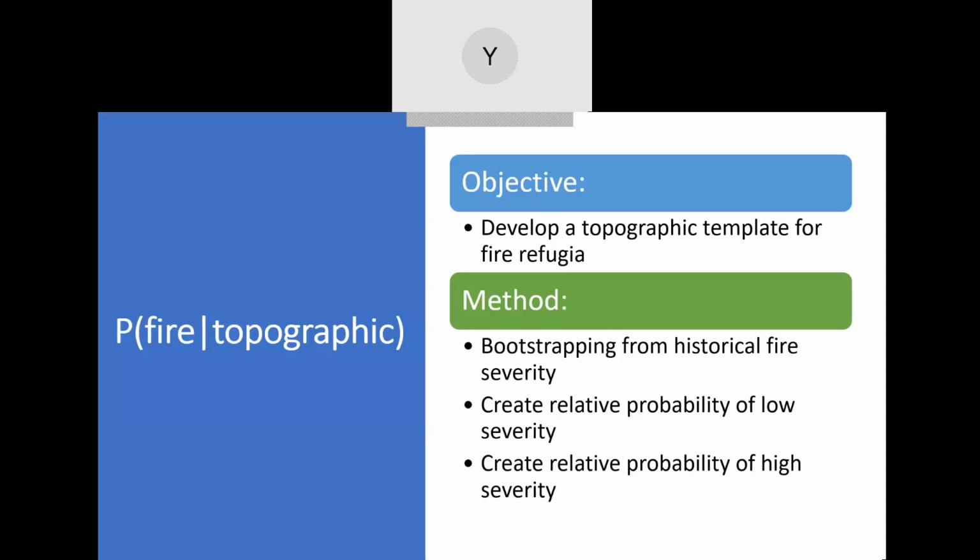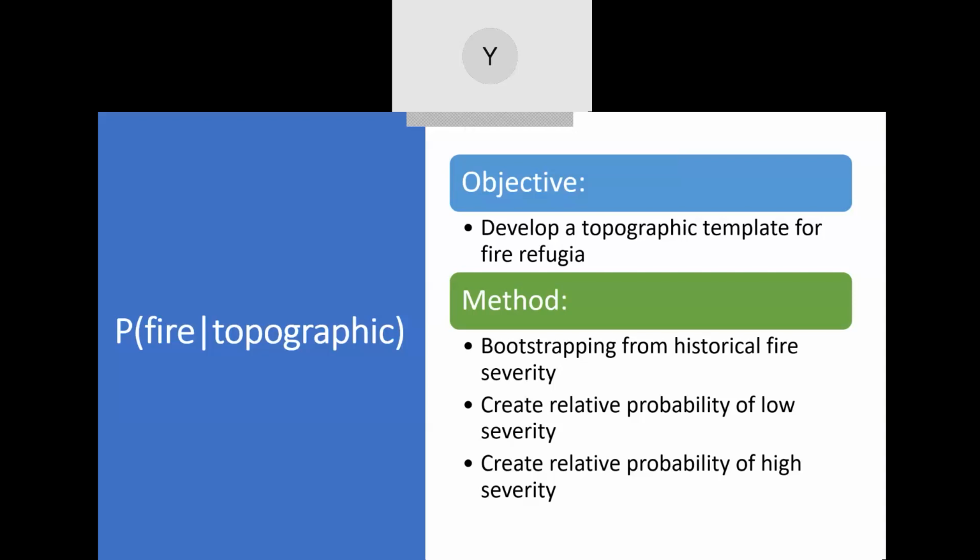The focus will be on finding refugia from the topographic variables, basically the topographic template of fire refugia. Our method is using historical fire. As I described earlier, there is ephemeral refugia, because each year there are different fires. They have a different area burned, a different area not burned, and a different area with different severity.